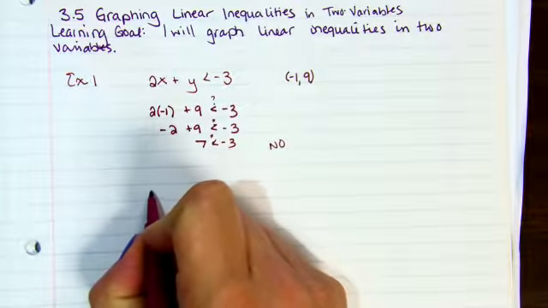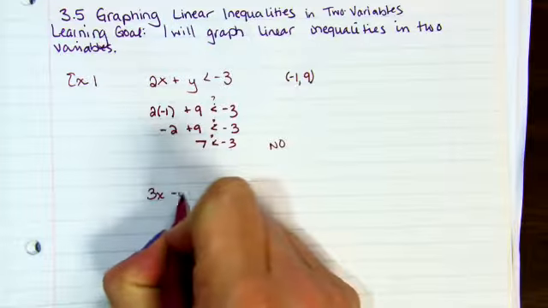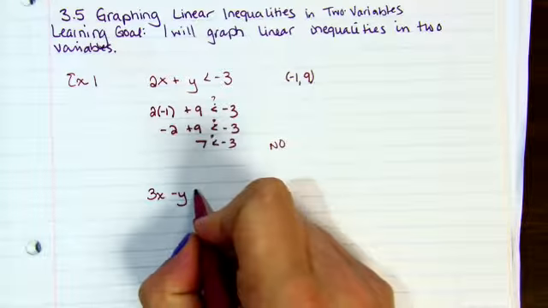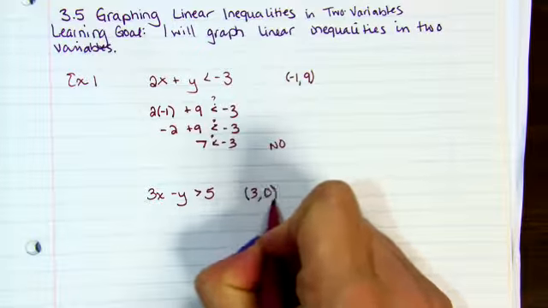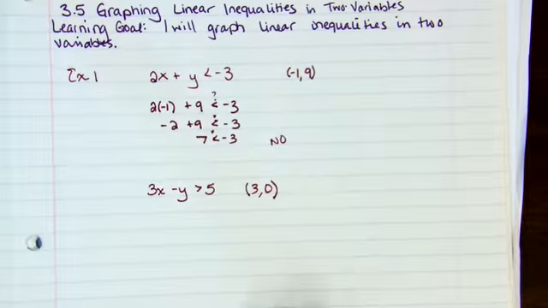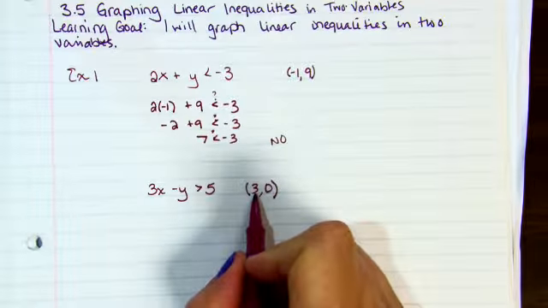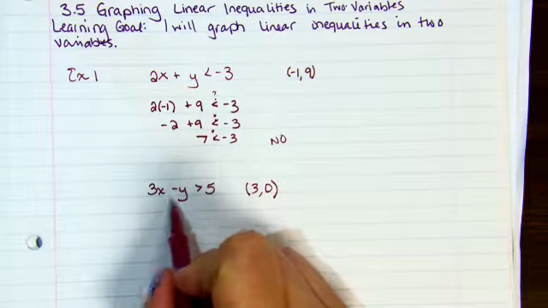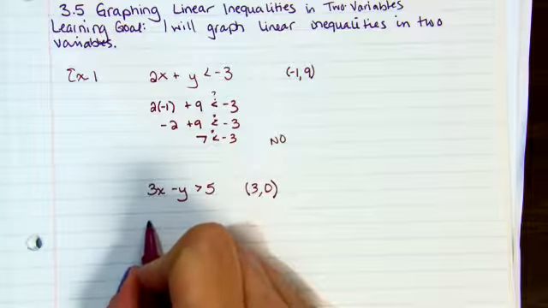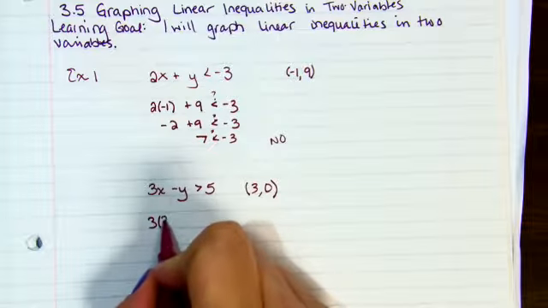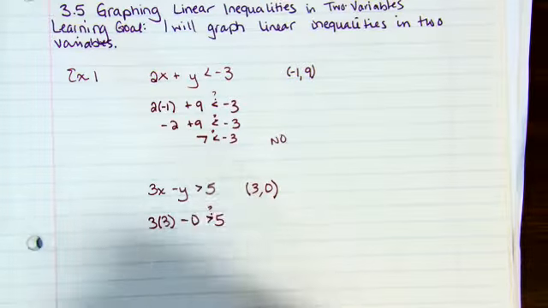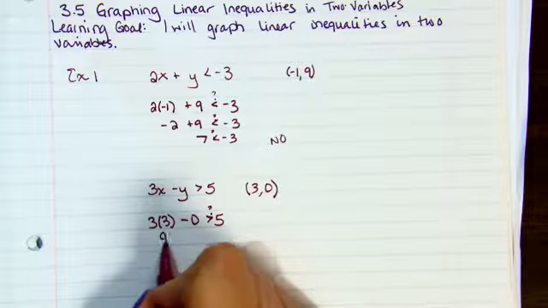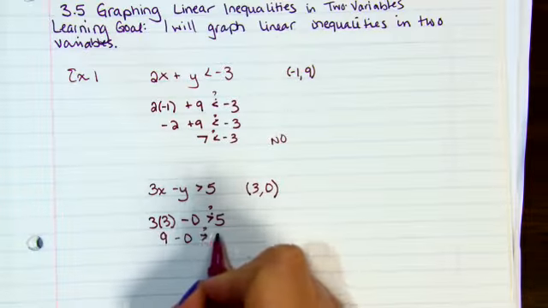For another one, let's say 3x minus y is greater than 5, and we're going to try the point (3, 0). When I substitute 3 for x and 0 for y, do I get a true statement? This would be 3 times 3 minus 0. Is that greater than 5? 3 times 3 is 9, minus 0.